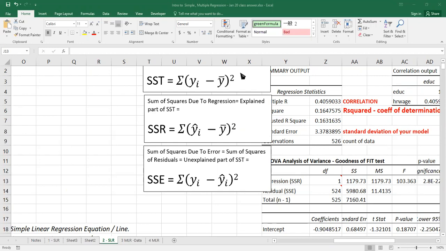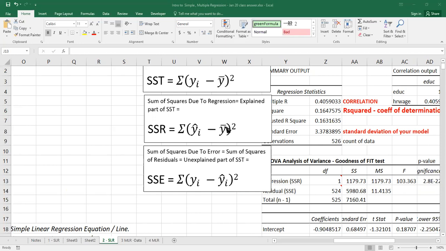So we were able to show, guys, kung saan nanggaling tong SSR na to, SSE, and SST. Okay, ito yung definition niya, guys, ha? SST is the sum of the squared deviations of your actual from the average. Si SSR naman is the sum of the squared deviations of your predicted value minus your average.